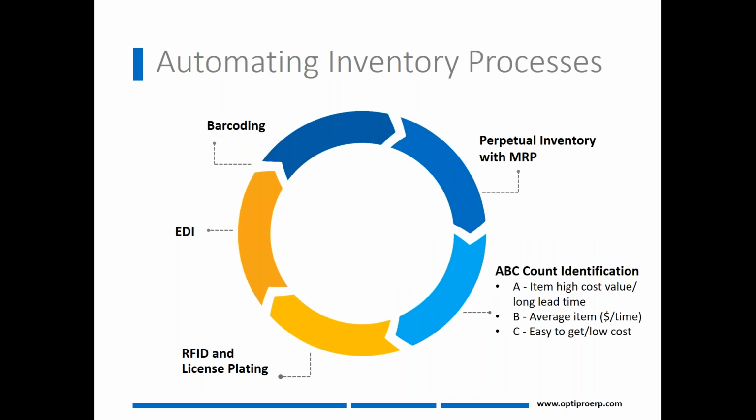So another part of best practices is automation. How do we automate our practices and how do we automate our inventory movements? Well, number one is perpetual inventory. I used the word before, four-wall inventory. Four-wall inventories are typically not perpetual. Four-wall inventories are controlled by physical counts.